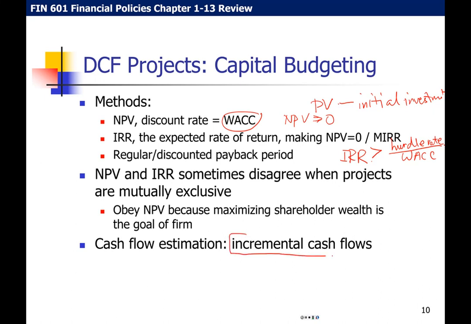And what's important to us is that we're going to use only the incremental cash flows. So iPhone 9 projects, we're going to share cash flow from many other existing projects, right? And those cash flows shouldn't be considered in our cash flows. Only the incremental, the additional cash flow, should be measured and entered into our formula.